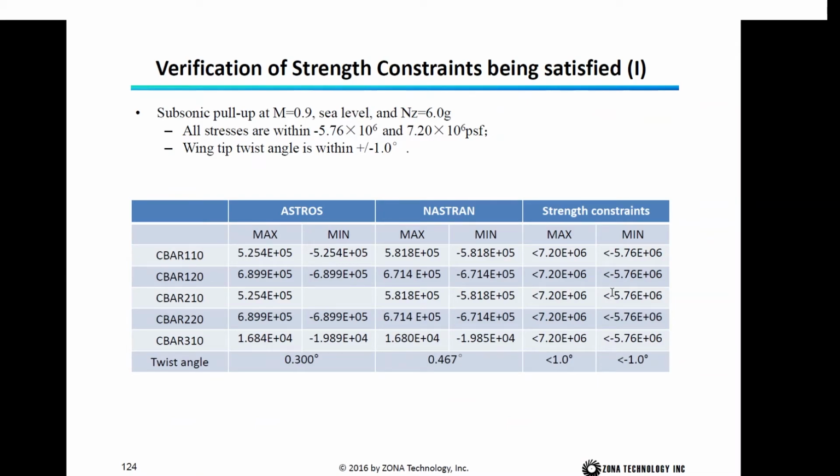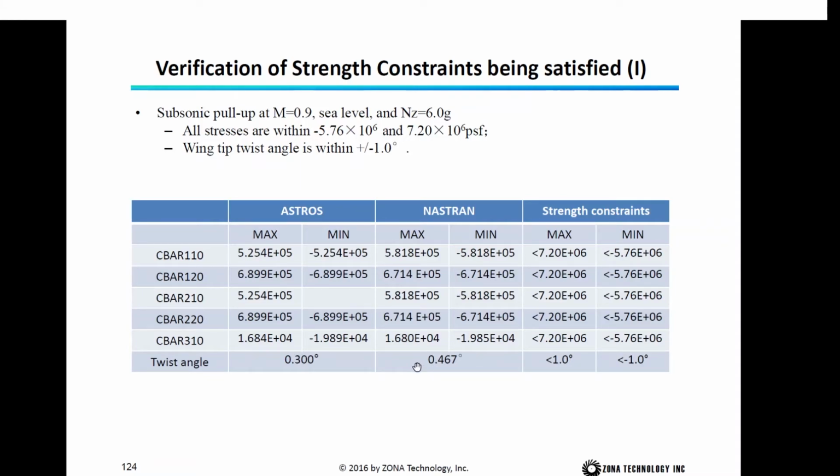And then we look at the stress in all the C-bar elements, and this is ASTROS at this trim condition, and both ASTROS and Nastran satisfy the strength constraint. Also the wing twist angle must be less than plus or minus 1 degree, and ASTROS gives 0.3 degrees, Nastran gives 0.46 degrees.